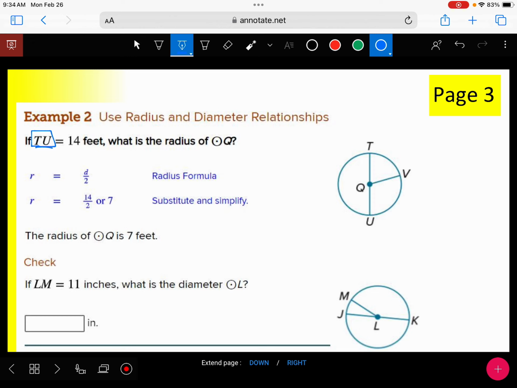How do you know it's a diameter? Exactly. We know a diameter is a line segment that goes from edge to edge and it contains the center. TU, T is on the edge, U is on the edge, and it goes through point Q, or the center point.